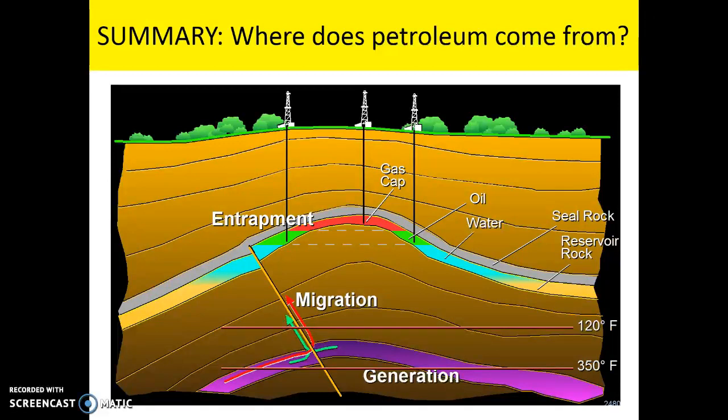Then the organic matter in the source rock itself will be transformed to kerogen during diagenesis, and later will be converted into petroleum by heat and pressure during catagenesis.